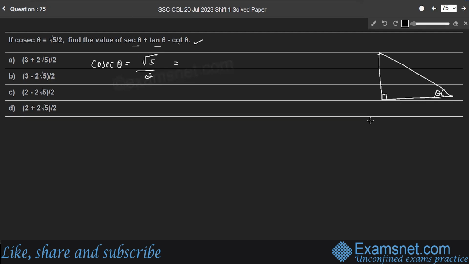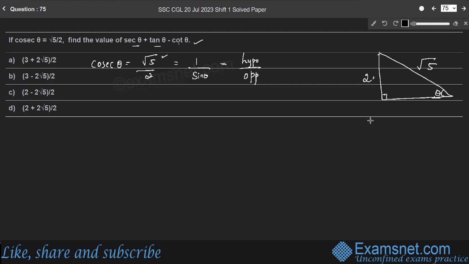Cosecant theta, the formula says cosecant is the inverse of sine. Since sine is opposite by hypotenuse, cosecant becomes hypotenuse by opposite side. Here the hypotenuse is root 5 and the opposite side of theta is 2. Therefore, cosecant theta is root 5 by 2.